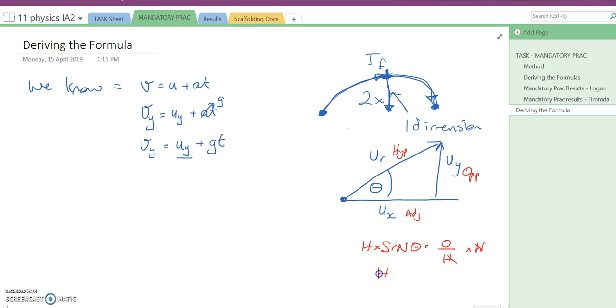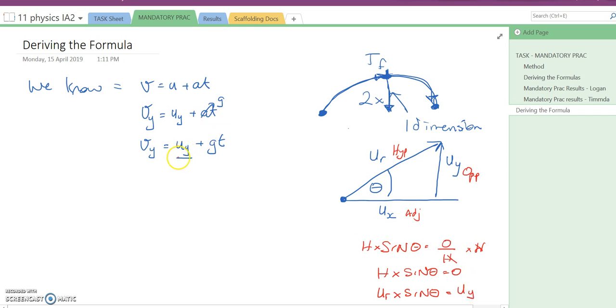So I end up with h times the sine of theta is equal to the opposite. Now if we go and reallocate some of these variables to what we've got in this triangle up here, h, the hypotenuse, is UR. So UR times the sine of theta, the sine of my angle, is going to be equal to Uy.